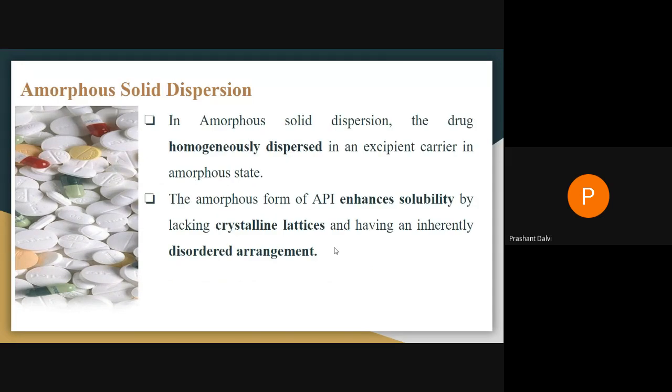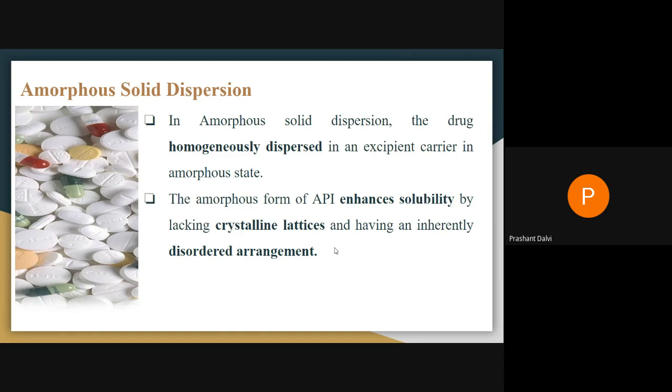Now, amorphous solid dispersions. Nowadays these amorphous solid dispersions show more scope for the formulation of different solid dosage forms. Here in amorphous solid dispersions, the drugs are homogeneously dispersed in the excipient carriers in amorphous state.